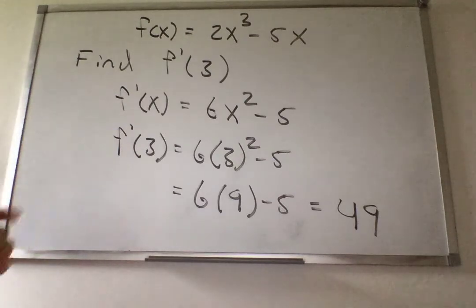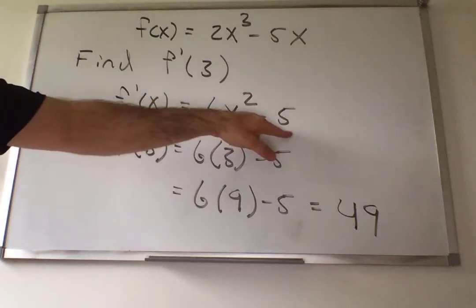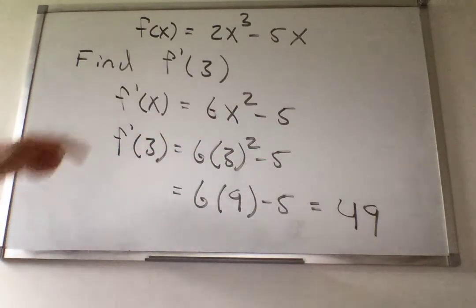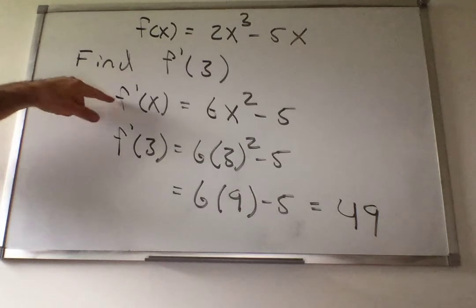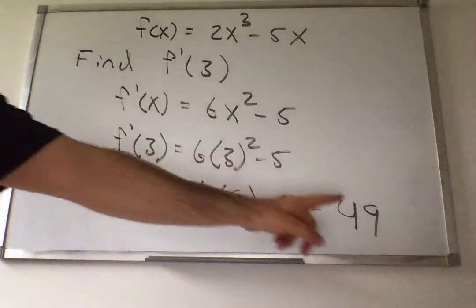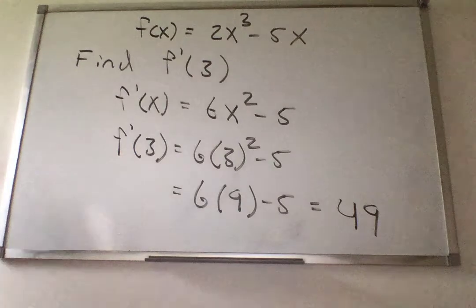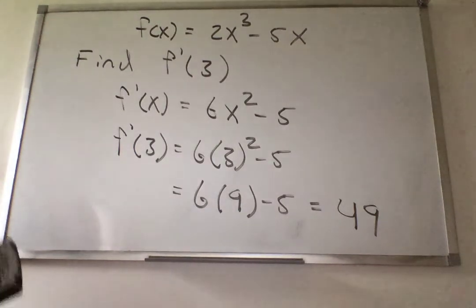Now, the calculator cannot give you the derivative as an equation, okay? So, if you're trying to take the derivative and expect the calculator to give you the equation of the derivative, that's not going to happen. It'll give you the derivative at a particular point, so it's giving you a numerical answer back. Now, when the calculator does this derivative for you, it's numerically doing the derivative, okay?